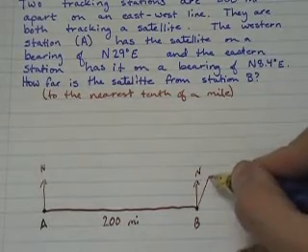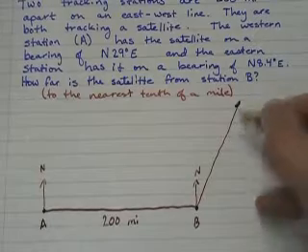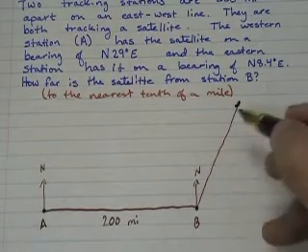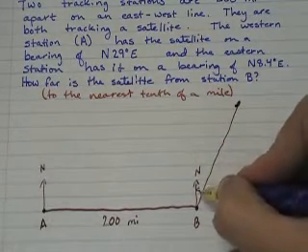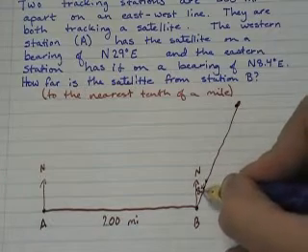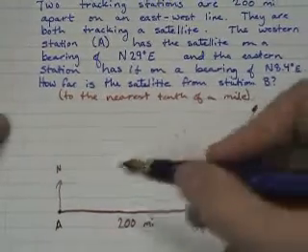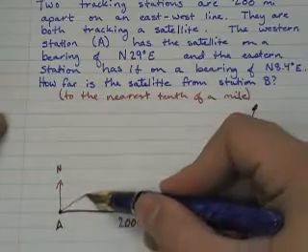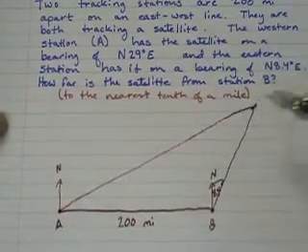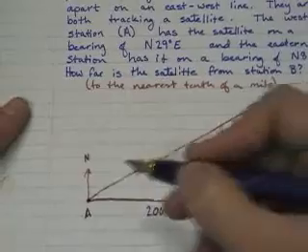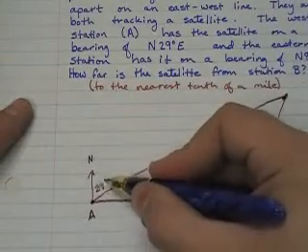So I'm going to start with north 8.4 degrees east. Okay, and this is 8.4 degrees. And then this is 29 degrees.